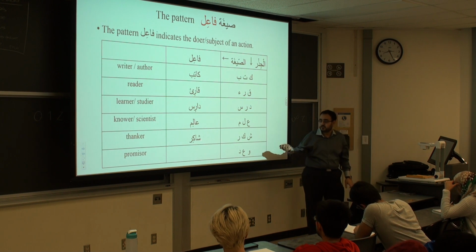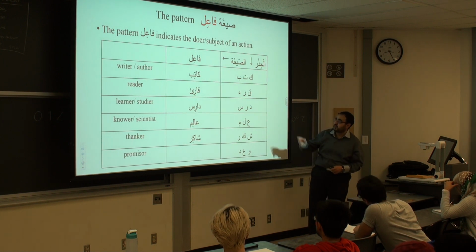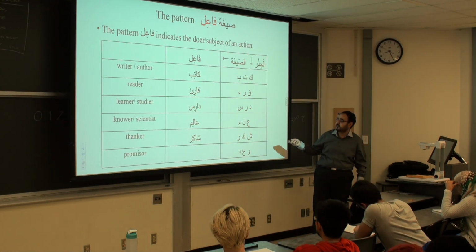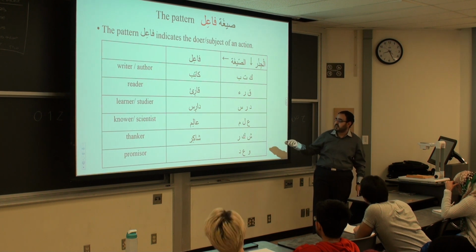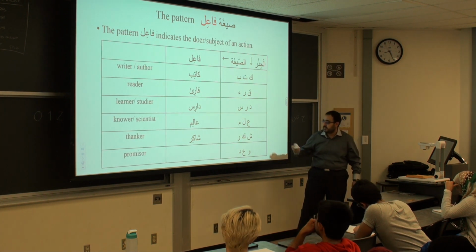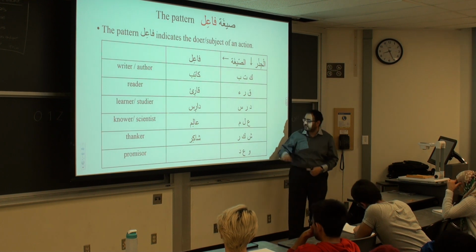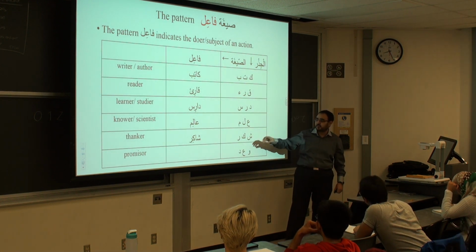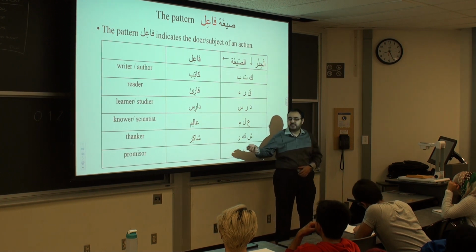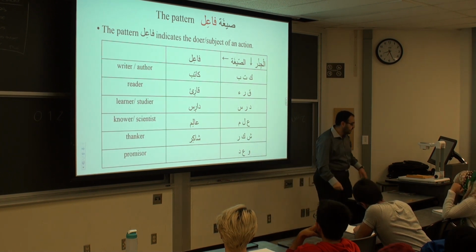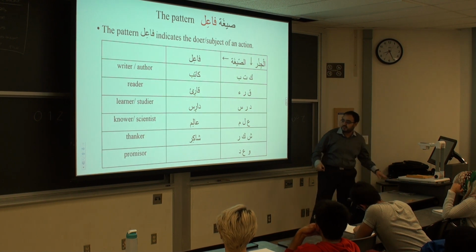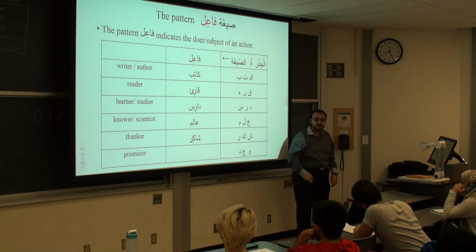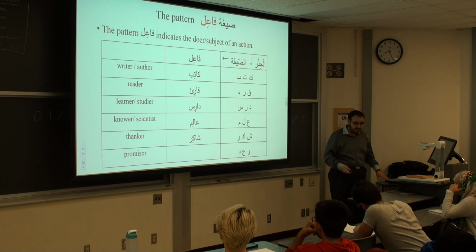Next one. Shakir, exactly. So replacing the fa with the first letter, ayn with the second letter, lam with the third letter, it will be shakir. This root, shin, kaf, ra, has to do with thanking. So shakir will be the one who thanks, or the thanker. And last one, you'll tell us what's missing here. Wa'id, that's it.